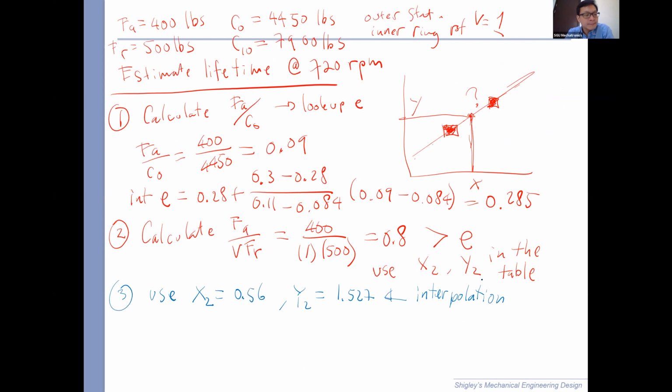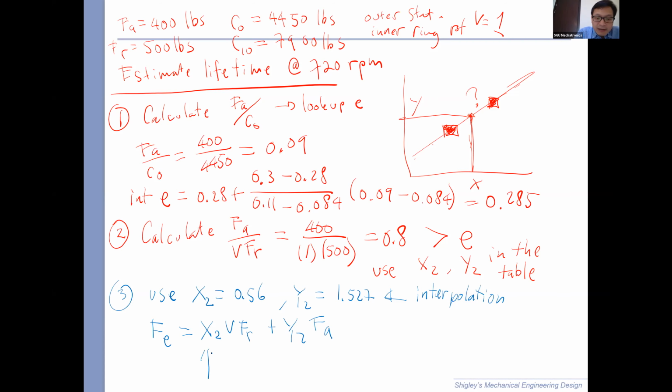Okay. FE then, the equivalent, which is the combination of axial and radial, we will combine it this way. X2 VFR plus Y2 FA.